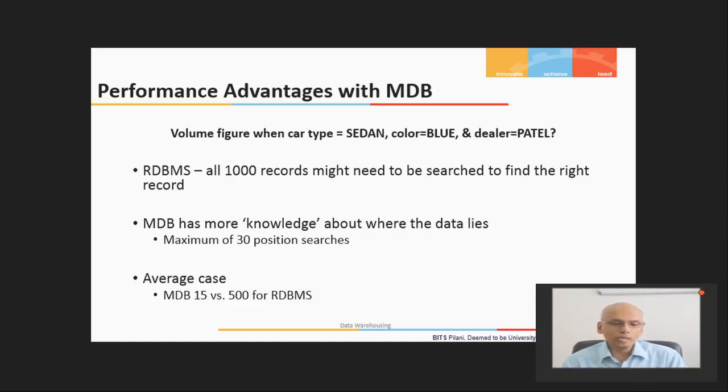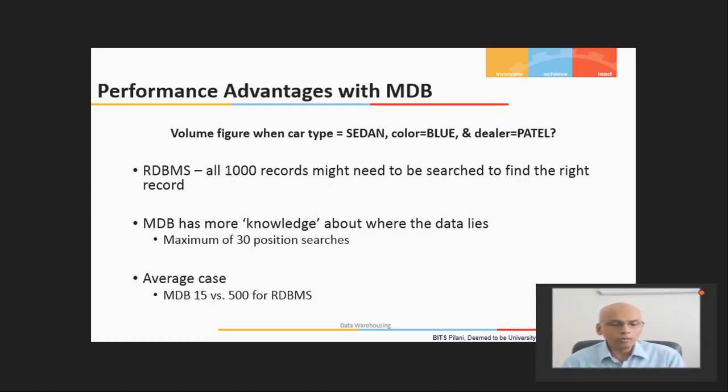A typical RDBMS will have to scan. I mean, you can create other mechanisms, like an indexing mechanism, which reduces the access time, but that comes with a price. In general, you can take it that you need to search 1000 records. You may be able to improve it through some other mechanisms.